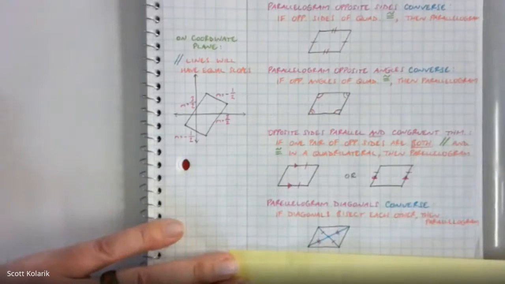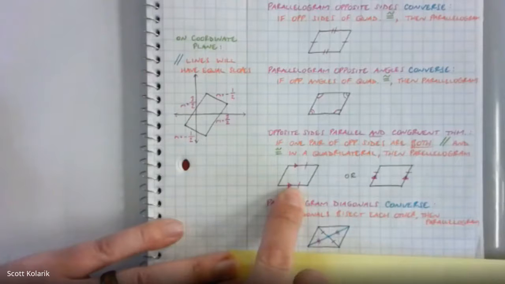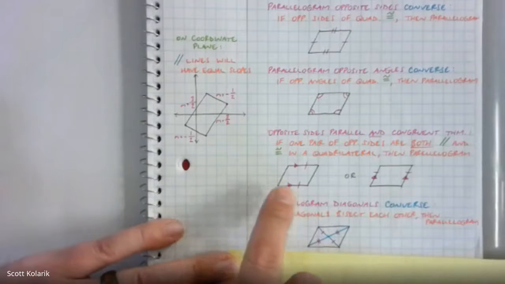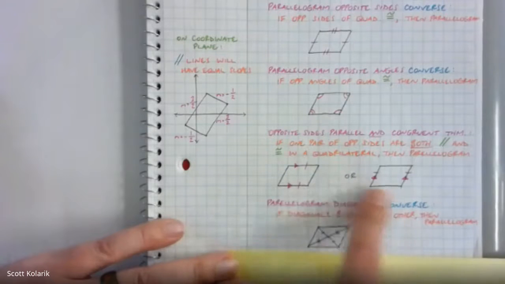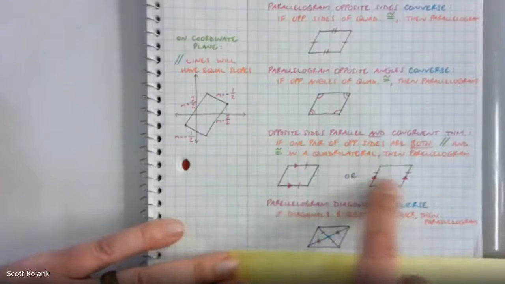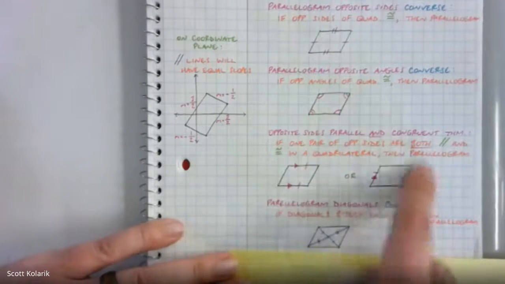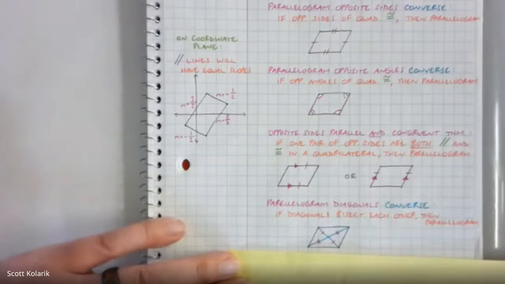And in these cases, if the opposite sides that are congruent to one another are also parallel to one another, that's going to force this to then be a parallelogram. Okay. And I showed both these situations because it doesn't matter if it's top, bottom, or side, side. As long as you have one of these two situations, it's going to be a parallelogram.